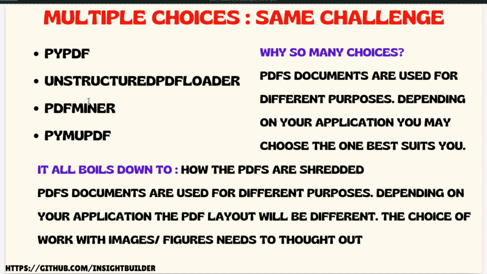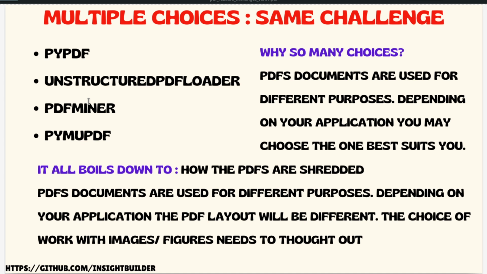When I started researching, I understood that PDFs are not just one type. There are many types of PDFs, right? You have research documents, theses, presentations, and PDFs filled with lots of pictures. There are so many varieties, and it all depends on the various purposes and applications for which the PDFs are used. So the libraries that are developed also cater to various kinds of PDF files.